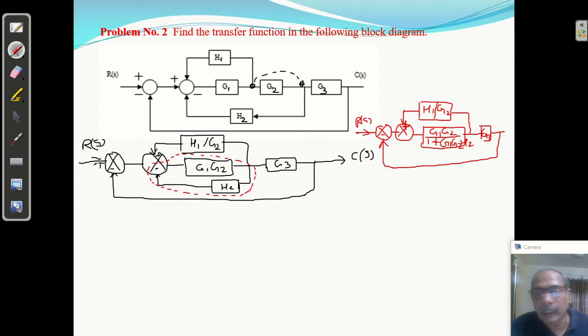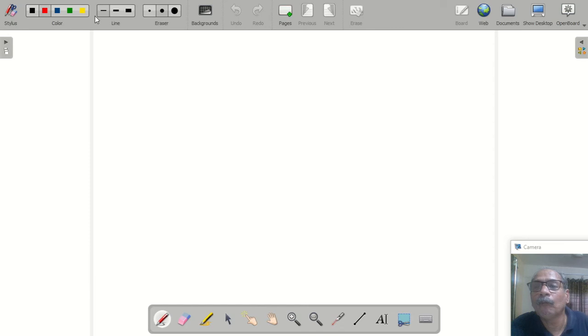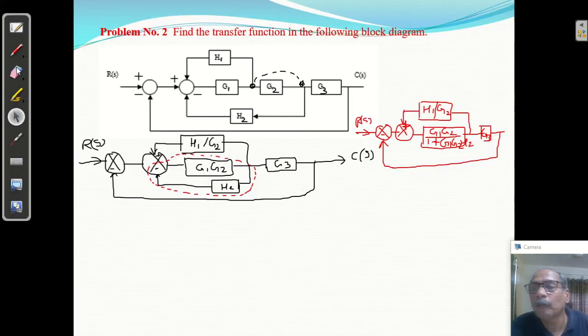Now you can say again if you solve it, this is again forming a closed loop feedback system. It is a feedback loop it is forming with positive feedback. So we are going to solve this first. Then whatever you will get, this and G3 will be in cascade.